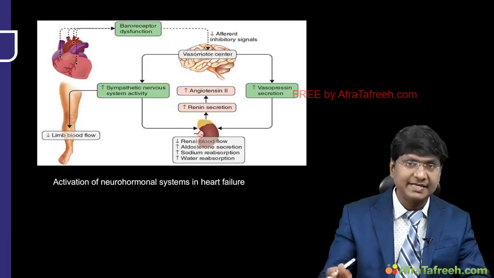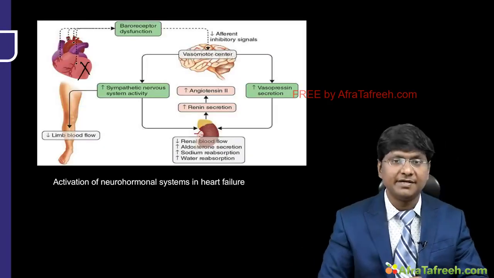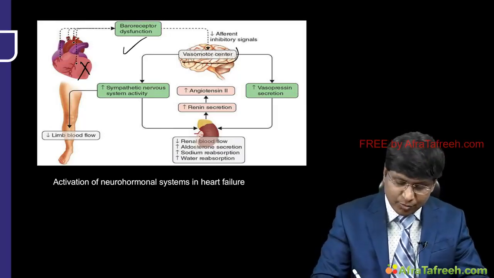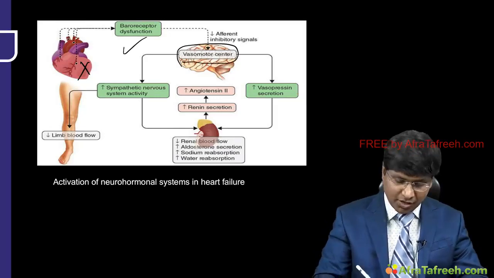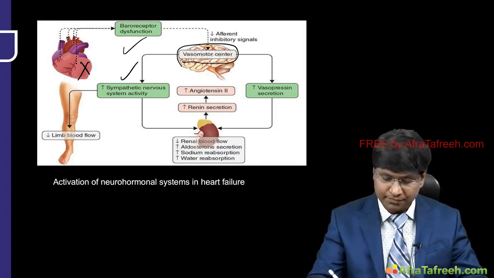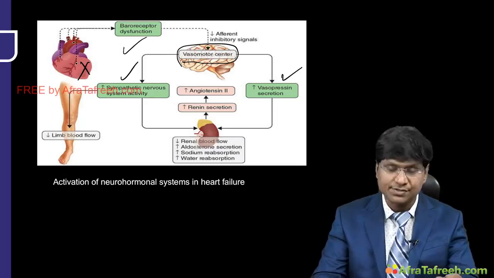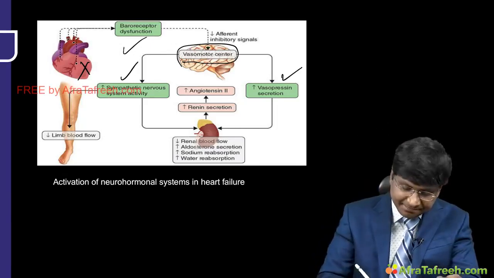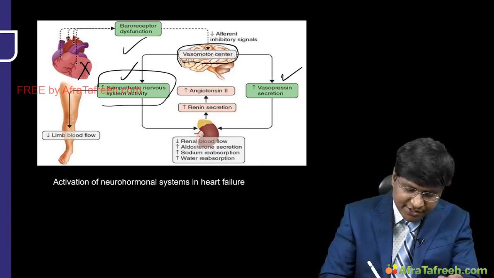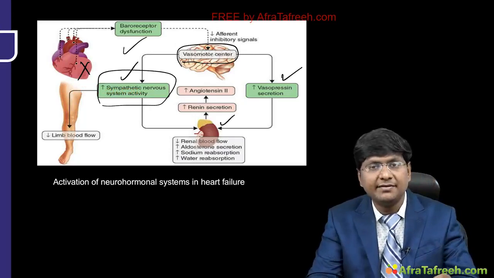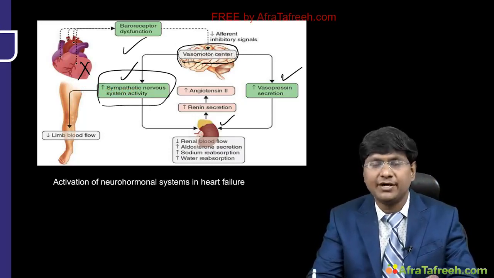So if you see the sequence now, there is cardiac impairment, and baroreceptor dysfunction. There is vasomotor center activation causing increased sympathetic outflow, causing increased vasopressor, that is antidiuretic hormone, release. At the same time, because of excessive vasoconstriction and decreased cardiac output, there is reduced blood supply to the kidney, and also to the limbs, where there can be digital ischemia.